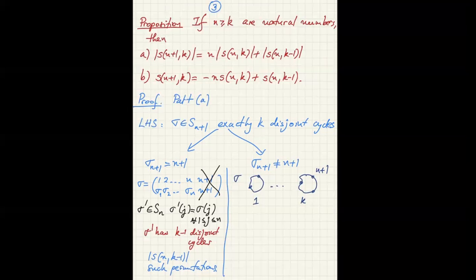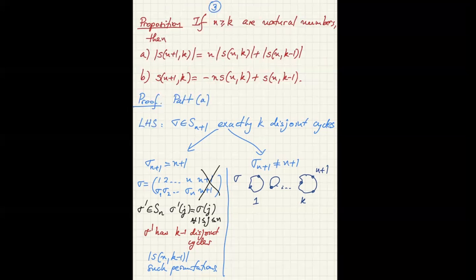Like I said, these cycles could be fixed points, or could be cycles of length 2 and so on. Okay. In this situation, we'll do something similar. We'll reduce the count of this permutation sigma, we'll relate it to counting permutations on n letters.